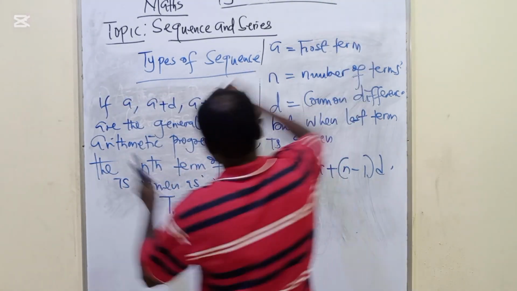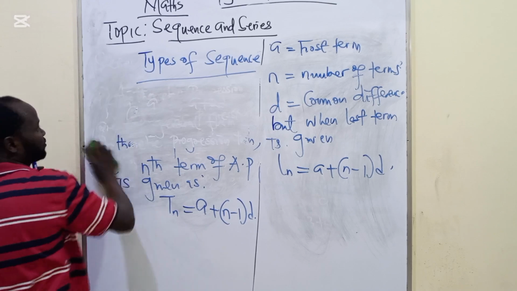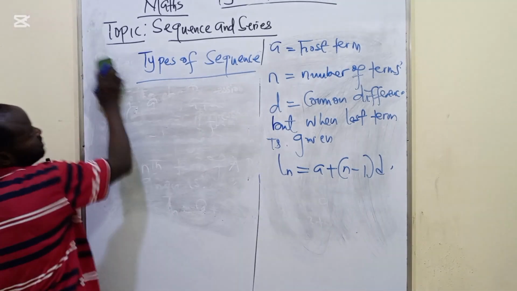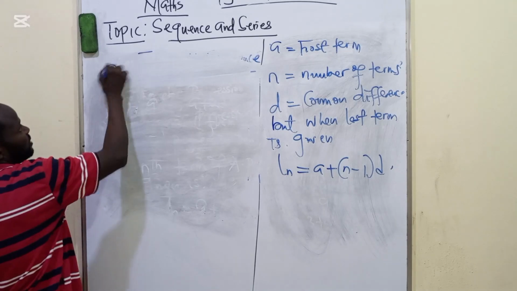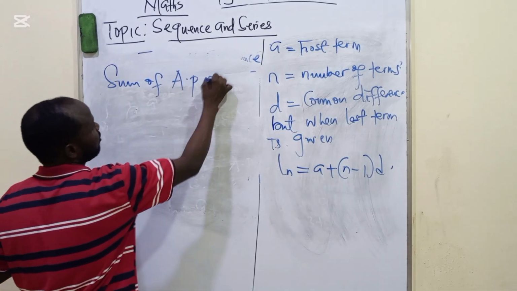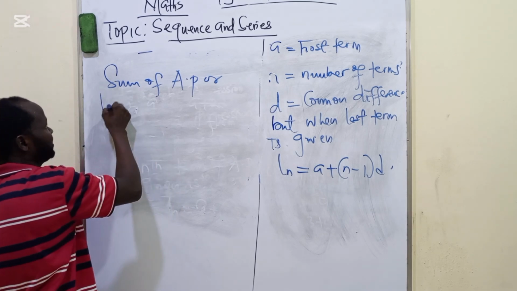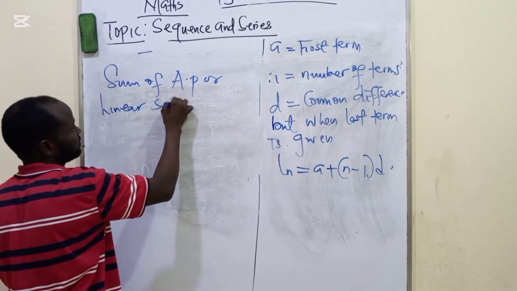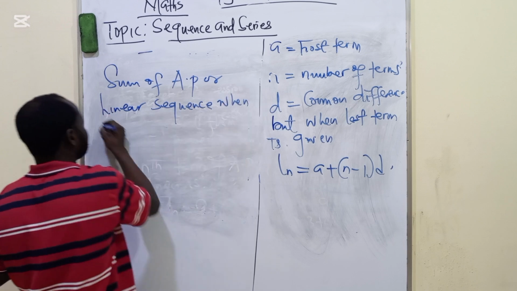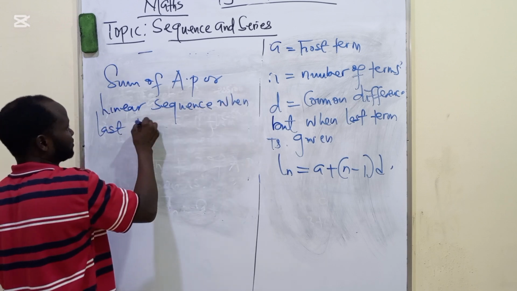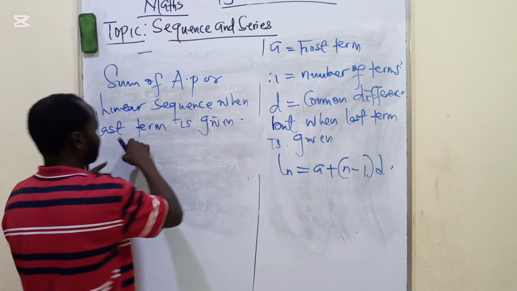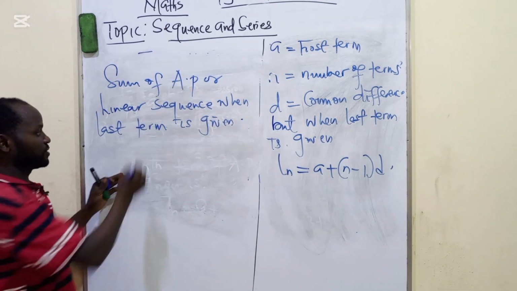Very important. Let's move here to summarize the remaining two formulas. Sum of AP, or linear sequence, they mean the same thing. When the last term is given, what will be the sum of AP?